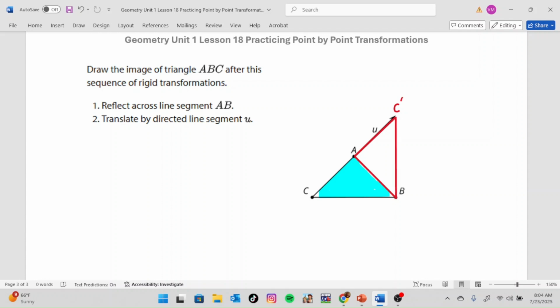So that's the first step. We're just reflecting across this line right here.